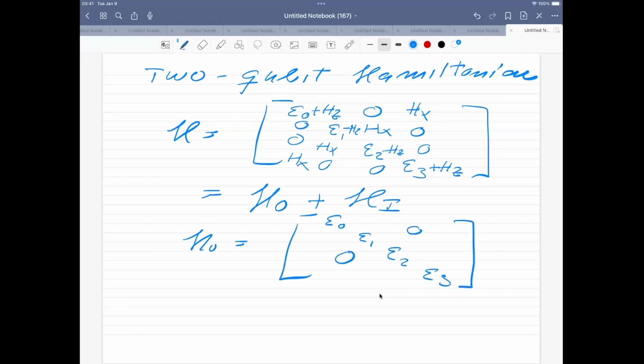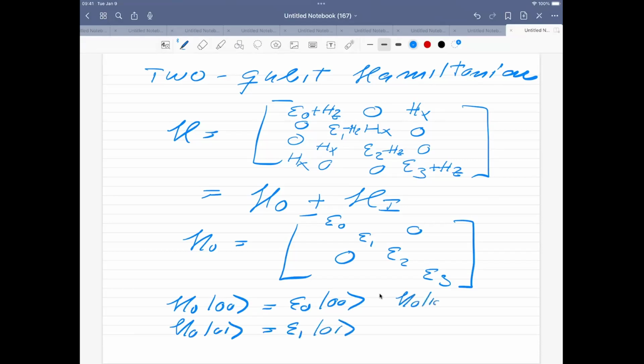And H0 has as a computational basis these eigenvalues and eigenstates. Then I have an H0 on 0, 1, which is epsilon 1 times 0, 1. Then I have an H0 on 1, 0, which is epsilon 2 times 1, 0. And then I have an H0 on 1, 1, which is epsilon 3 times 1, 1.